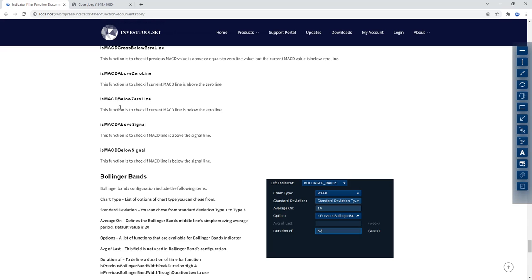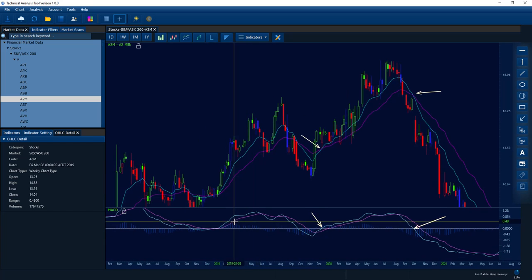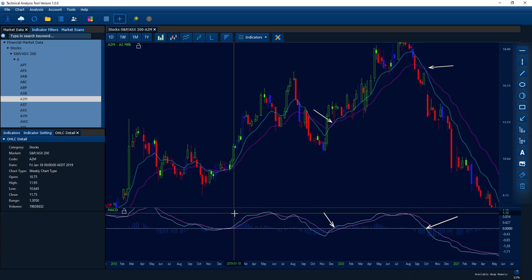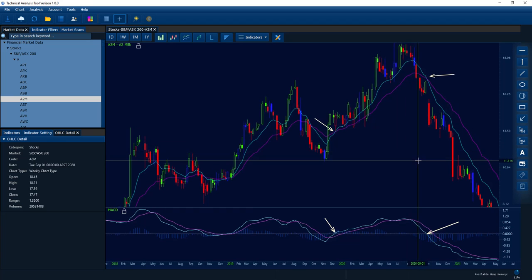As long as the MACD line is above zero, it will return true. Usually when the share is moving up, the MACD line stays above zero, right? Usually when it comes below zero, the price should be falling.